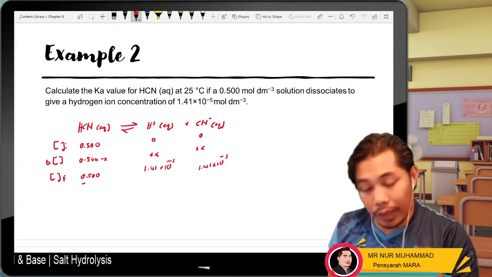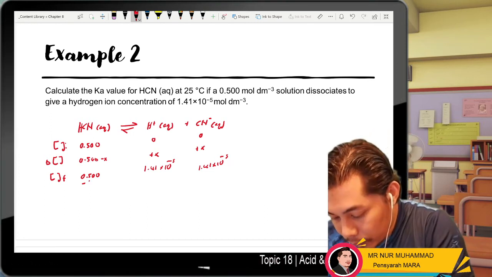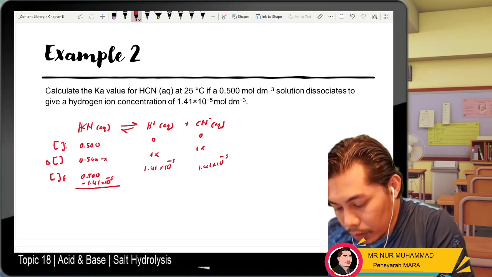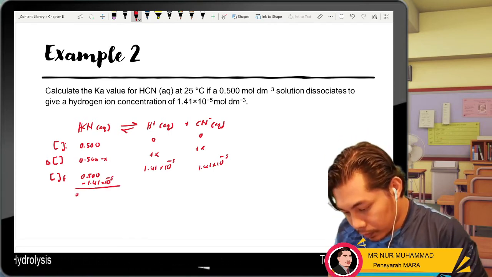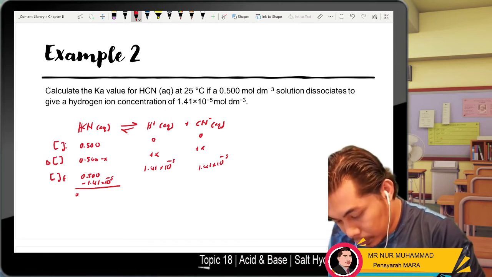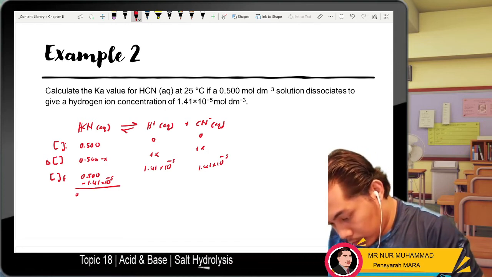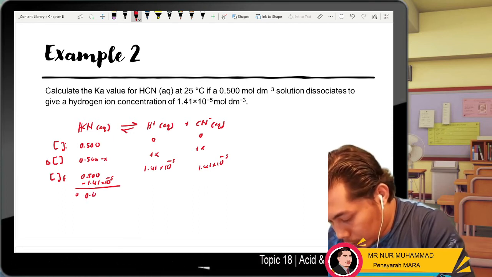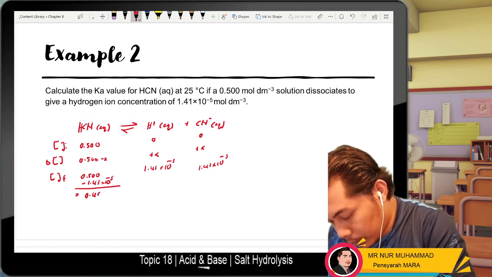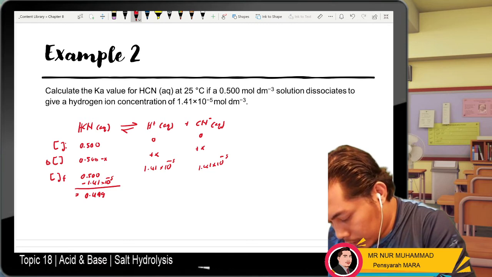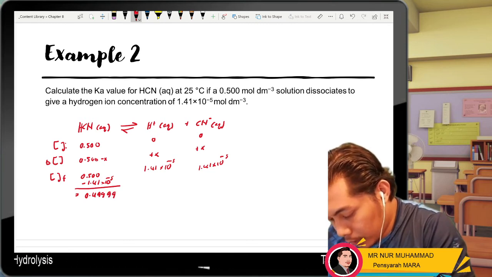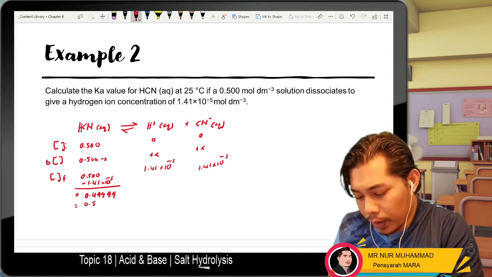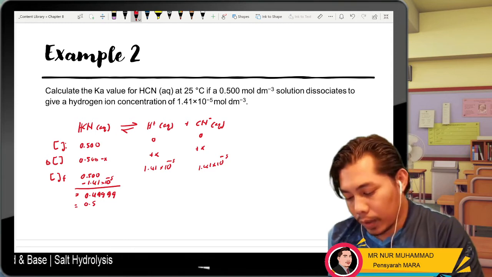So here, 0.5 minus 1.41 times 10 negative 5 is 0.4999. Actually, you still get 0.5. That's why we do not need to subtract X.